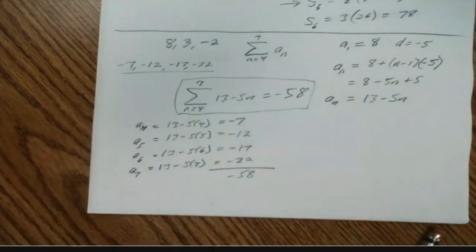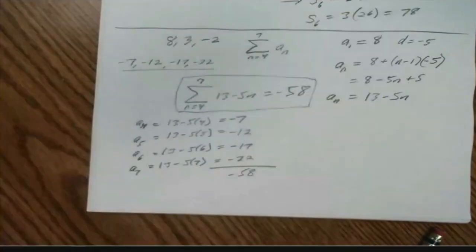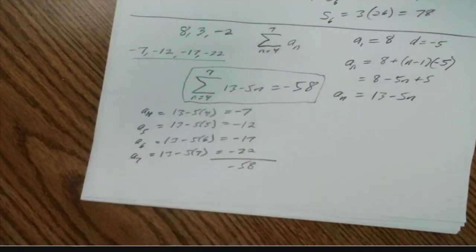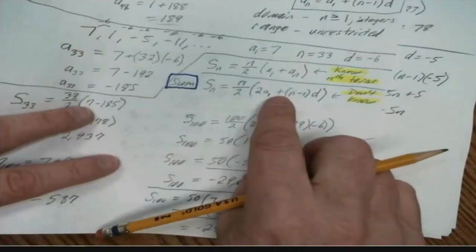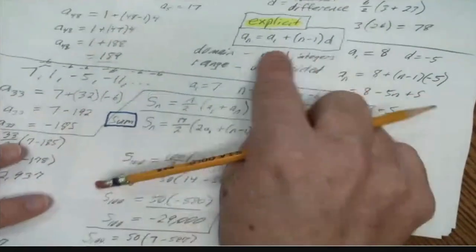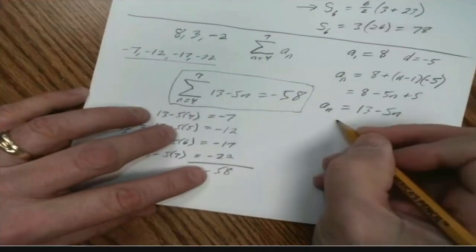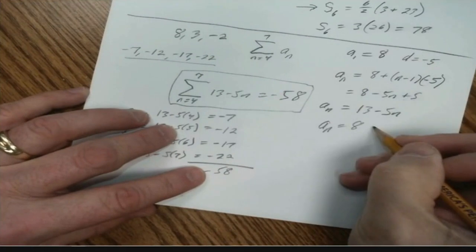So this is just another method of finding the sums, just like we found the sums there, but using sigma notation. Notice if we used this formula, which we started with, the explicit formula, this would say A sub n equals 8, and then we had negative 5 times n minus 1.